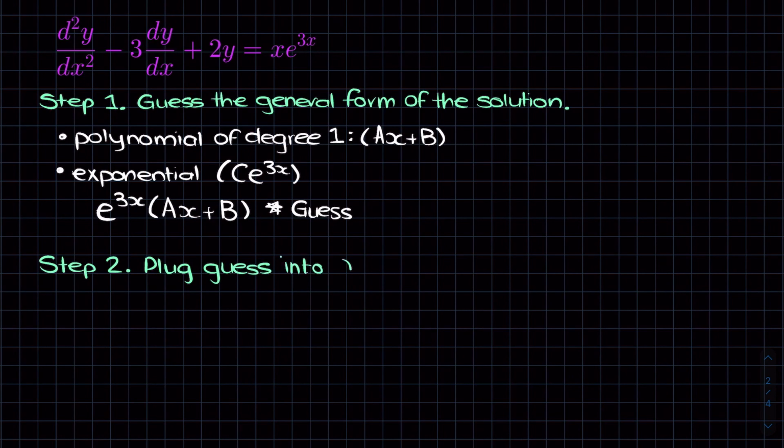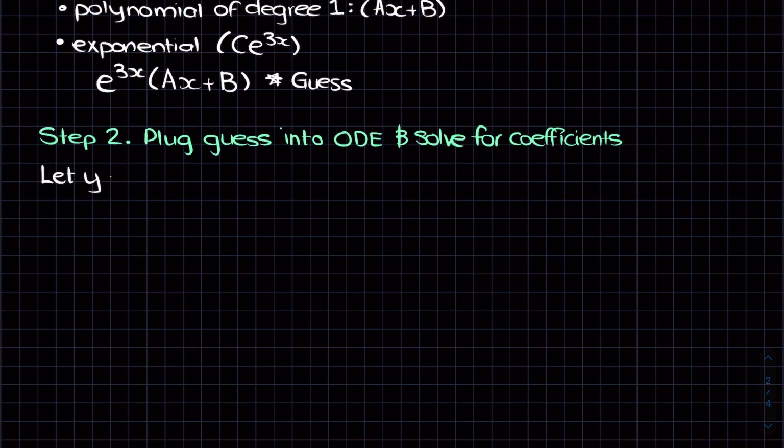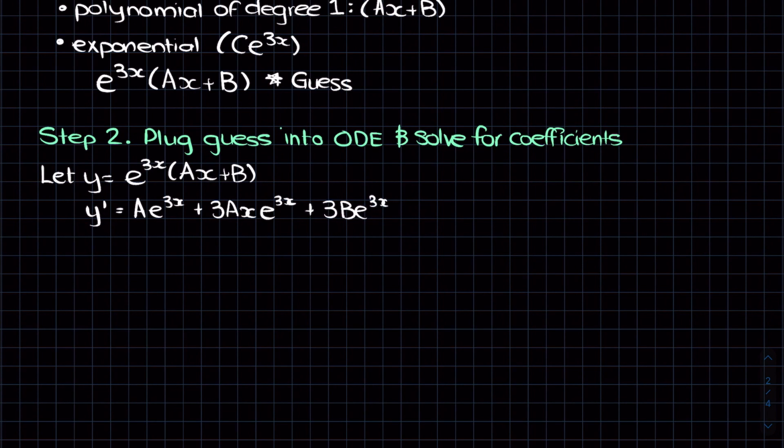Step 2 is to plug this guess into our ODE and find the coefficients. To do that, we let y equal e to the 3x times ax plus b. That was our guess. And now we're going to need to take the first and second derivatives. So if we expand y, then y prime becomes a e to the 3x plus 3ax e to the 3x plus 3b e to the 3x.